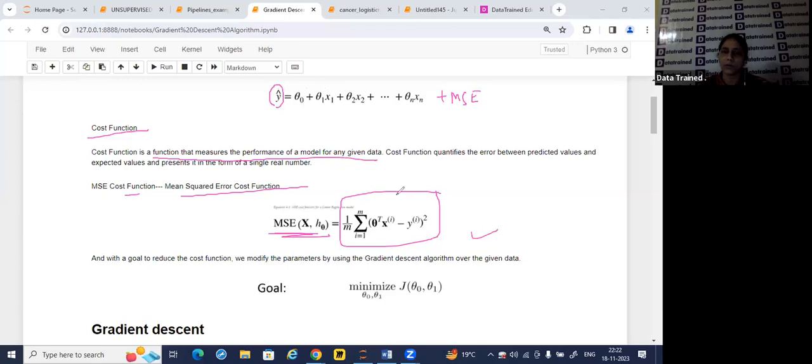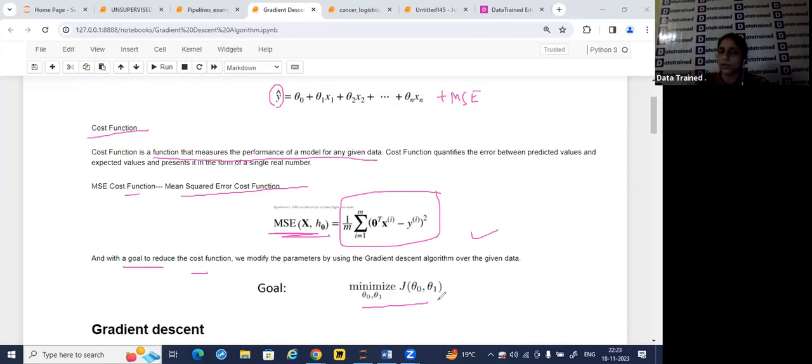This has the same form now. Here we try to minimize the cost function. Our goal is to reduce the cost function, so we need to minimize the error rate.